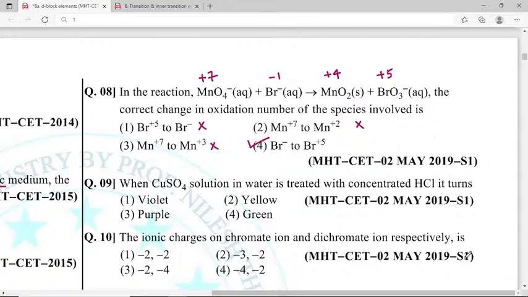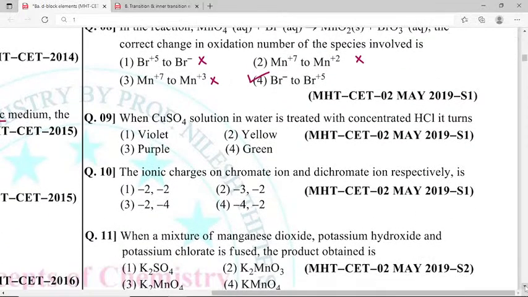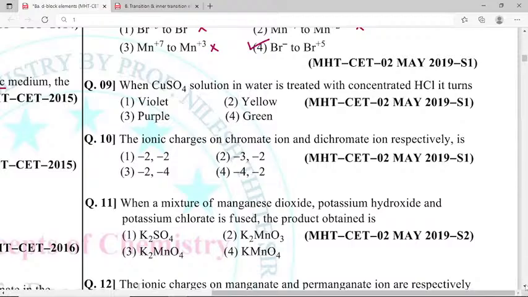When copper sulfate solution in water is treated with concentrated hydrochloric acid, it turns into a purple colored complex. The ionic charges on chromate and dichromate are minus 2 and minus 2.